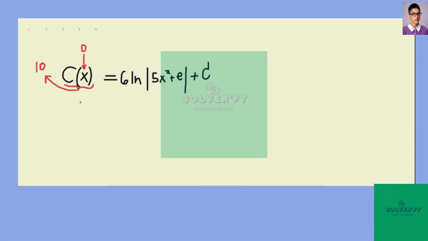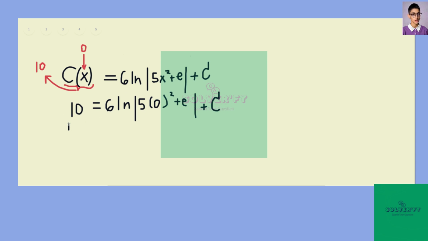So this is what we have. And we're going to plug in 10 for C of x, and then we rewrite this whole thing, and then we plug in 0 for x, since there are no units, plus C. And we would have to solve for C. So if you divide by 6 and take e, the ln cancels out.